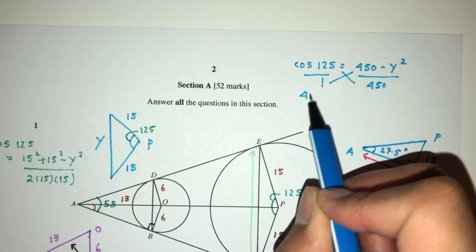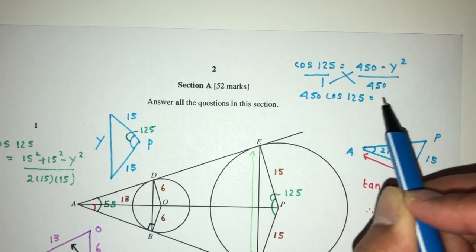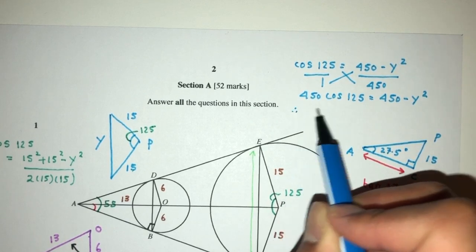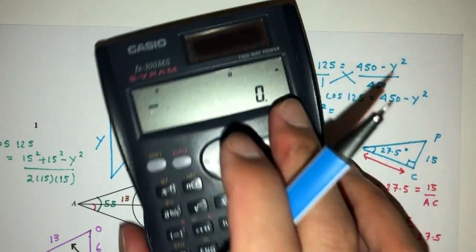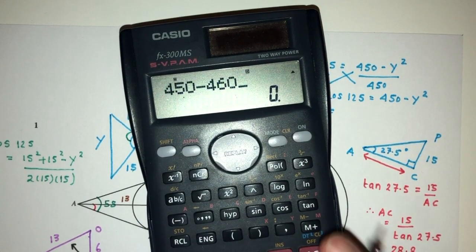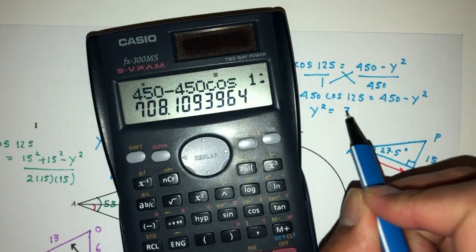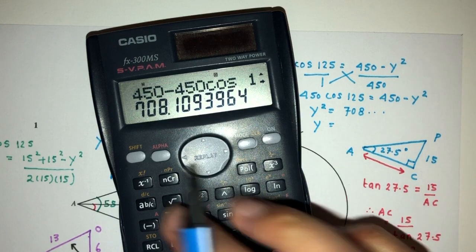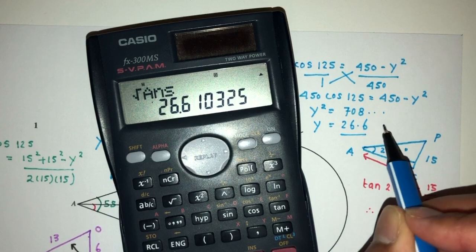You will have 450 cos of 125 is equal to 450 minus y squared. So finally y squared has to be this minus this, right? So 450 minus 450 cos of 125, that will be 708 point something. Now y, the root of the answer, will be 26.6, correct to 3SF.